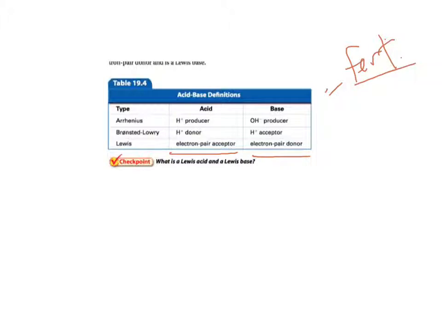So when you look at how hydroxide fits into this in terms of it being an electron pair donor, well, if you look at hydroxide, it's going to have that negative charge, so it's going to have extra electrons available, where a hydronium ion or some other positively charged ion can associate itself, right? So your book had a pretty good example of that, and we're going to show you that here in a second.